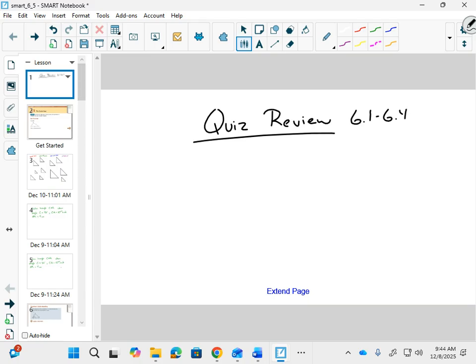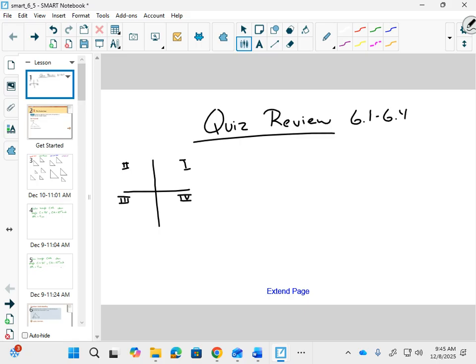So what have we all learned from 6.1 to 6.4? Well, we've learned that we can label the quadrants. This is quadrant 1, quadrant 2, quadrant 3, quadrant 4.